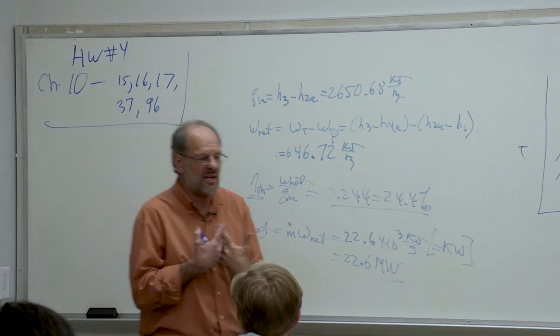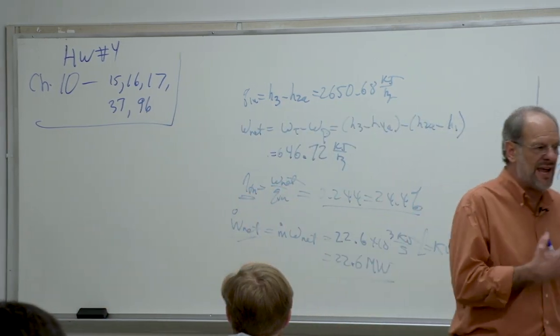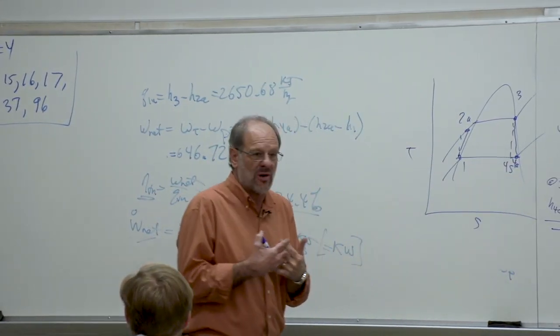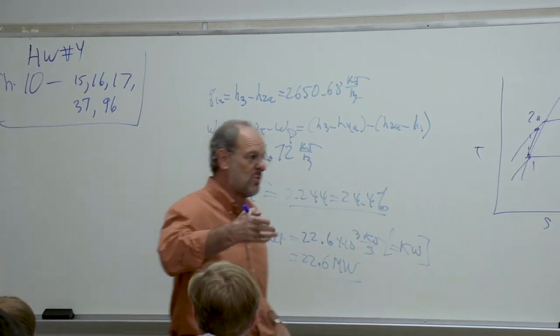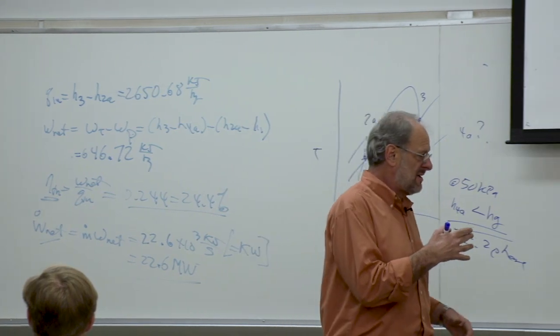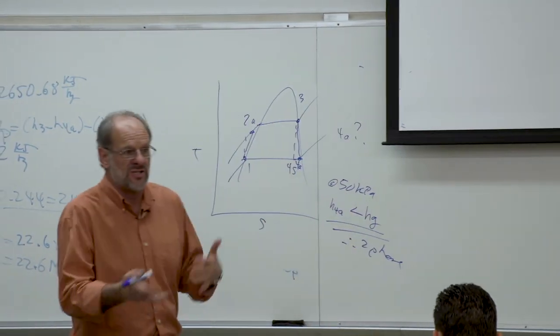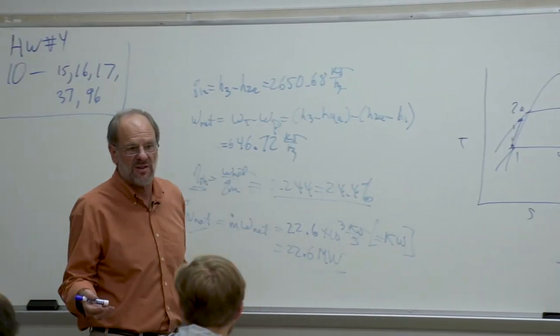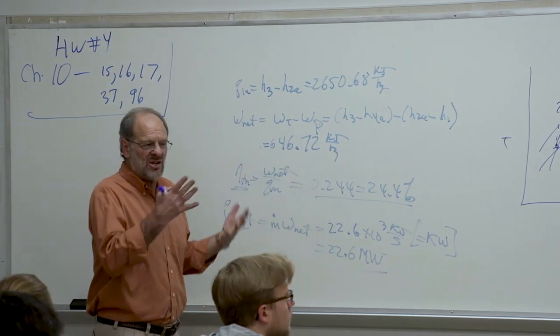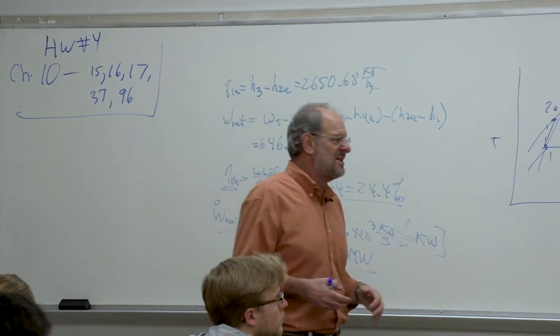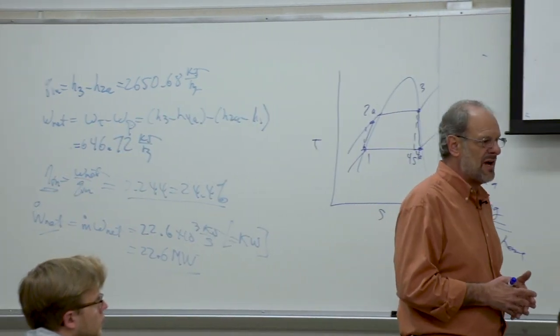Now, there's no such thing as back work ratio for a Rankine cycle, but the back work ratio is an illustration of that. The back work ratio is a ratio of how much work is required by the compression device versus how much work is produced by the turbine. We saw that for the gas turbine cycles, that could easily be 50% or even higher. Here, it's a fraction of a percent. So trying to minimize the pump work is never going to be cost effective, never, ever, ever.